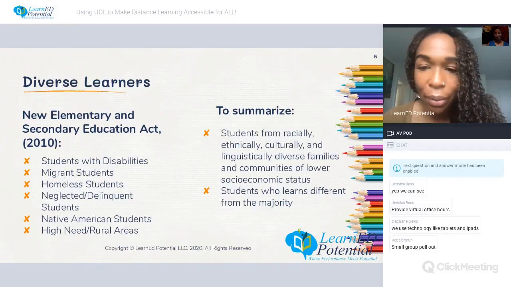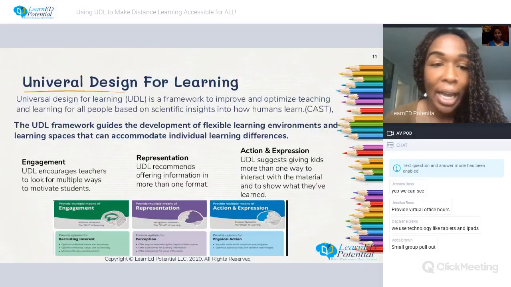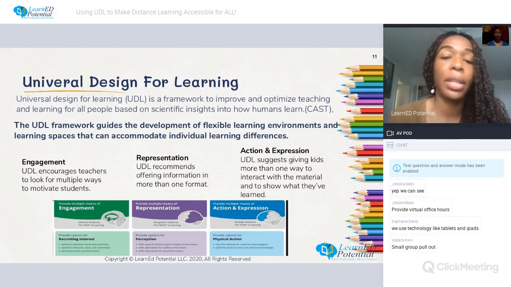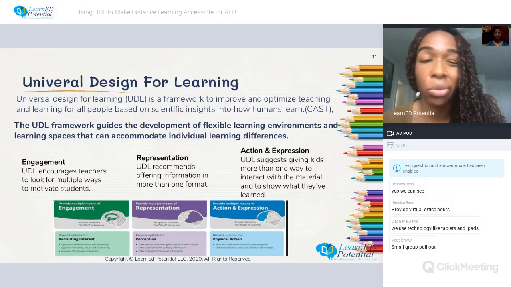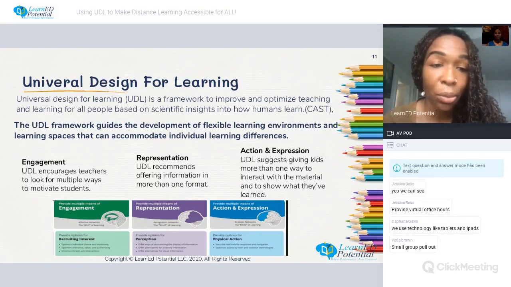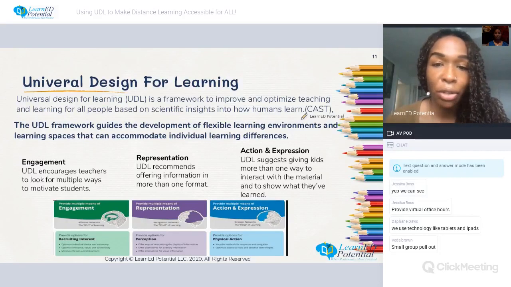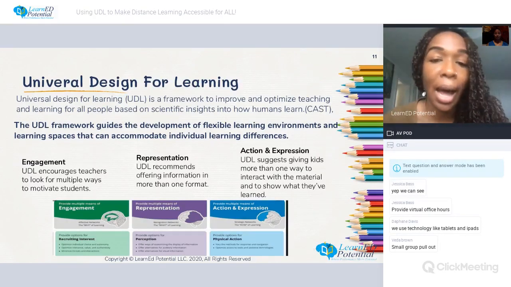So the next part we're going to talk about is the Universal Design for Learning framework and why we believe it is incredibly important to engaging our diverse learners, especially now that we are in a distance learning format. The Universal Design for Learning framework is a framework to improve and optimize teaching and learning for all people based on scientific insight into how humans learn.